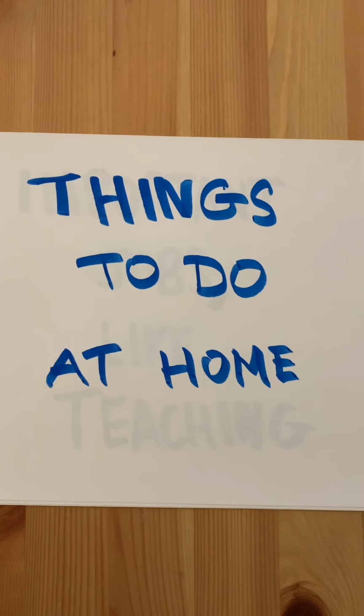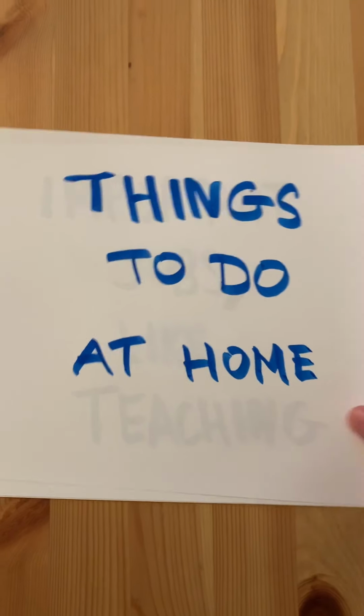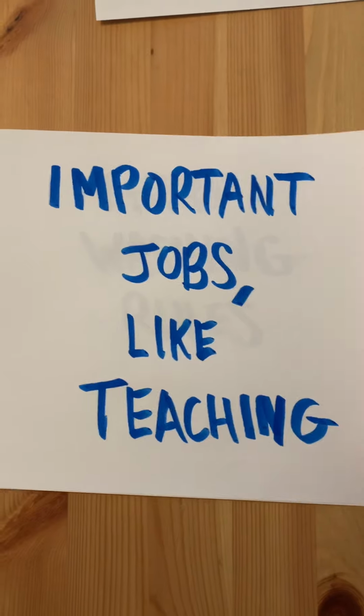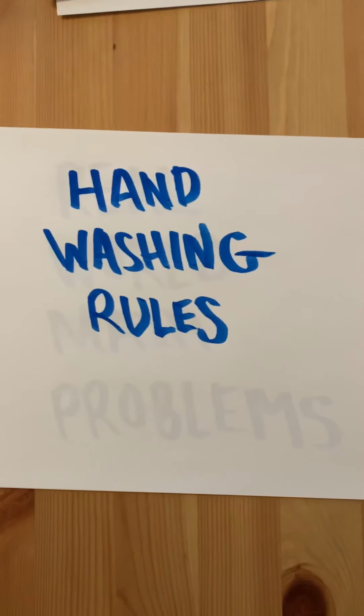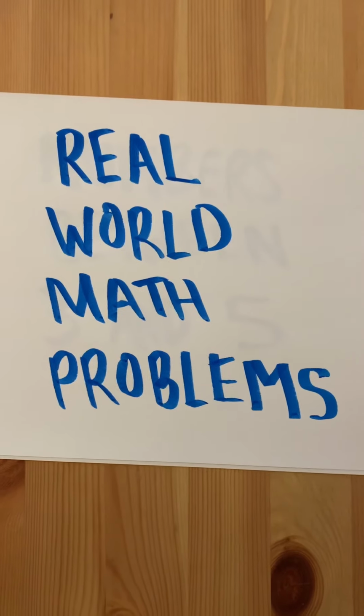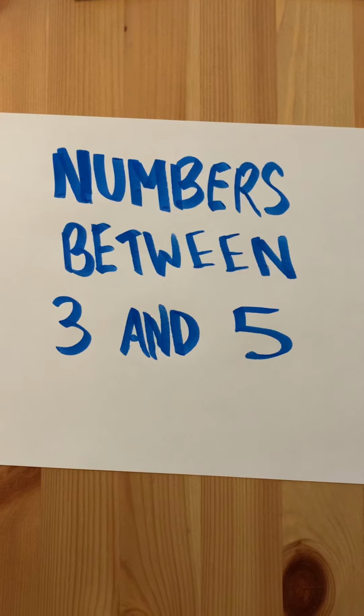Jordan Michael is going to try and defend his run. Let's get to the categories though. All right, our categories for the first round tonight are things to do at home, important jobs like teaching, hand washing rules, real world math problems, and numbers between 3 and 5.